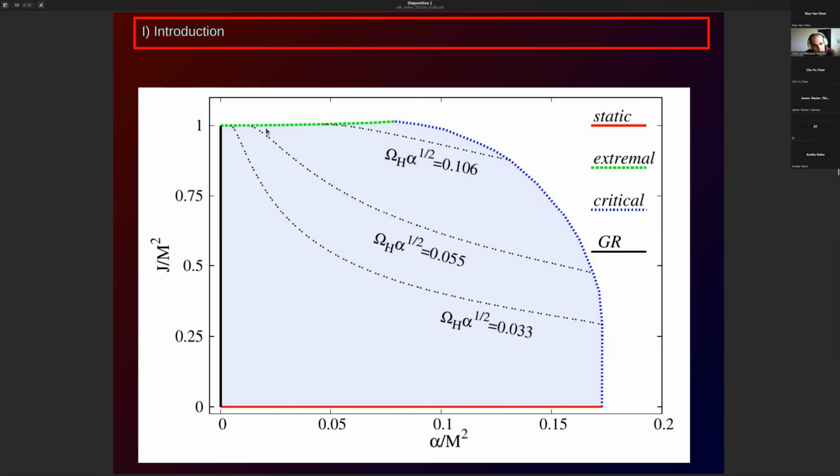Surprisingly, the limit in this case is given by two different curves. One is the critical curve where regularity is lost, but you have also a piece of this limit that is bounded by a set of extremal solutions in Einstein-Gauss-Bonnet theory, right? Of course, in the static case, you don't see that because you are in this region.